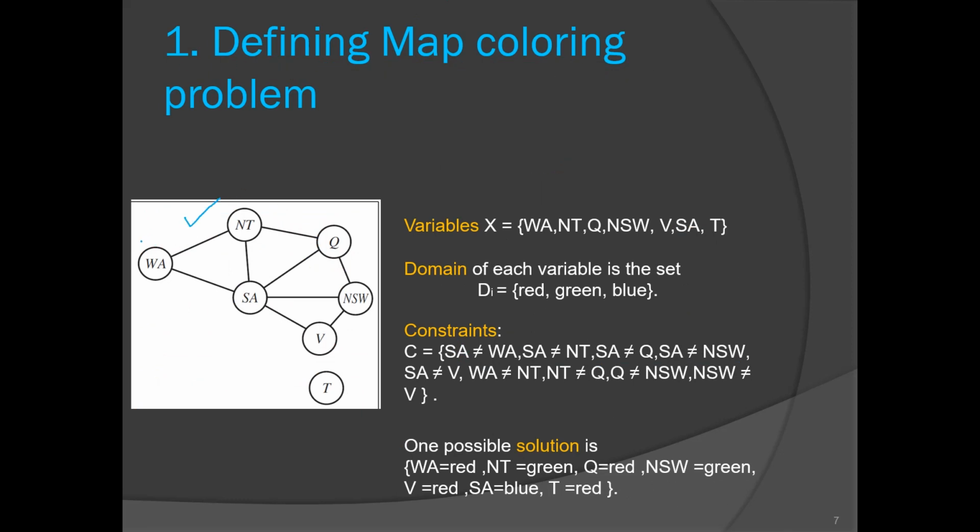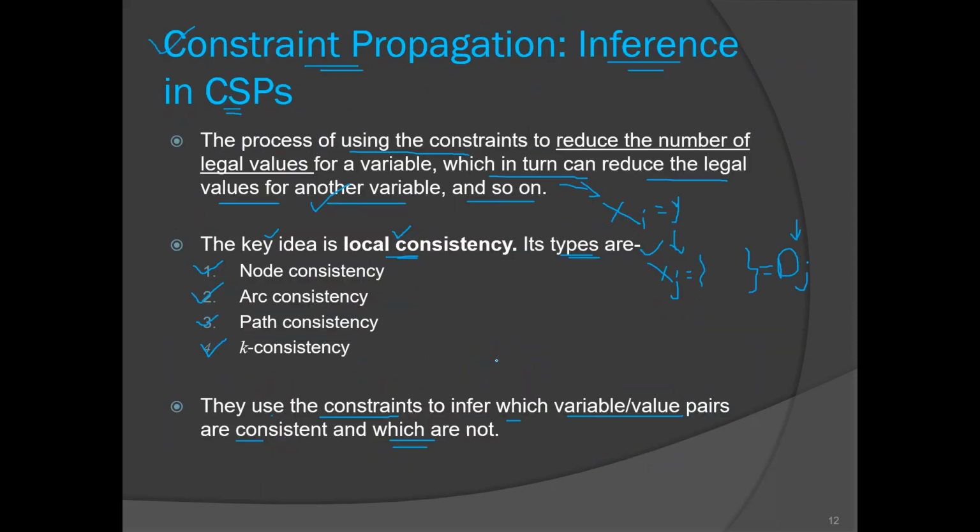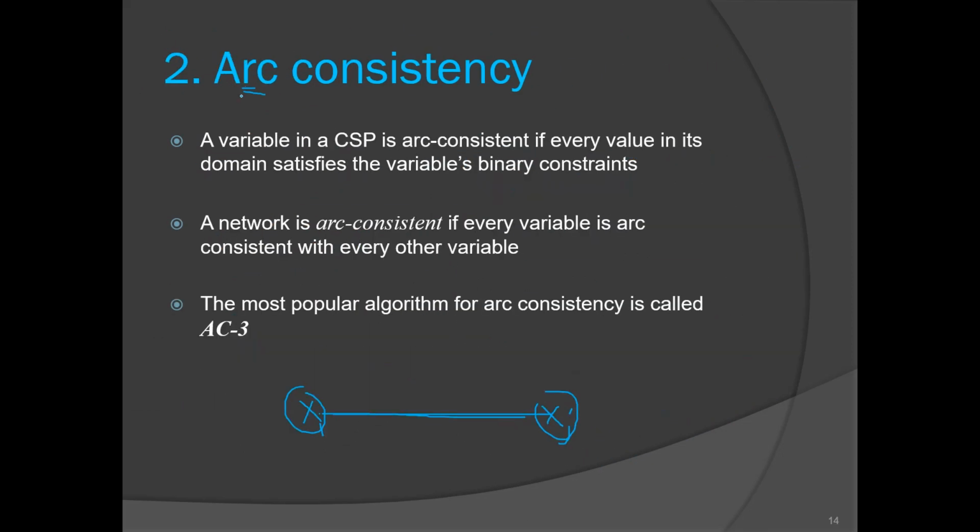It indicates a variable at a node level, and when you consider two nodes with an edge between them, that represents a binary constraint between these two nodes. So WA should not be equal to NT, their colors should be different. That's why we call this arc consistency.